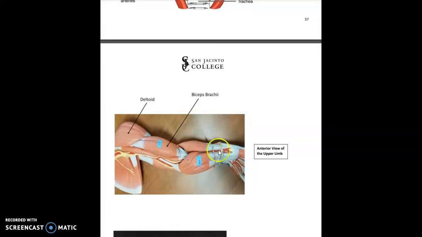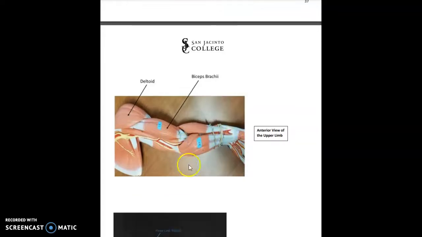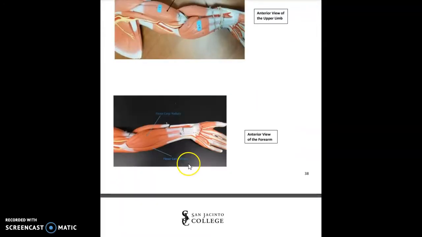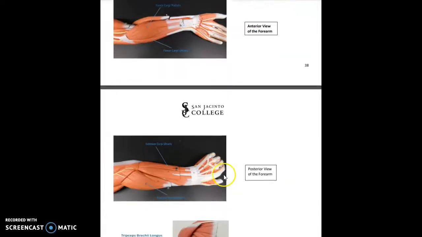When you have the anterior region of your body, remember, you're regarding the patient in front of you in anatomical position. Then these muscles should be flexors. On the side of the thumb, we have the flexor carpi radialis, and on the side of the ulna, we have the flexor carpi ulnaris. Remember that. This is the anterior region, guys.